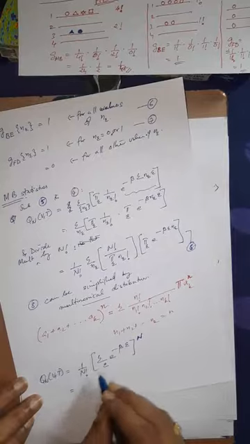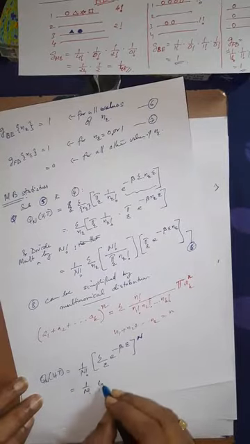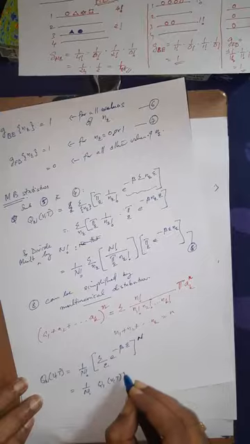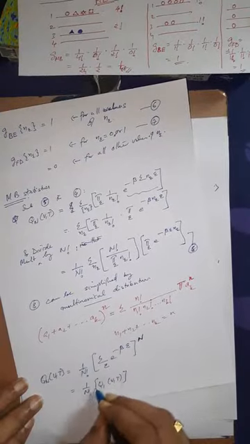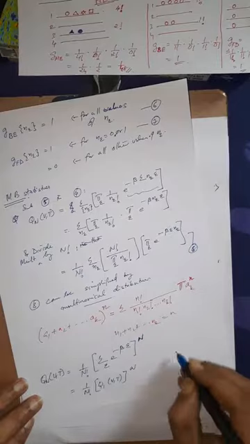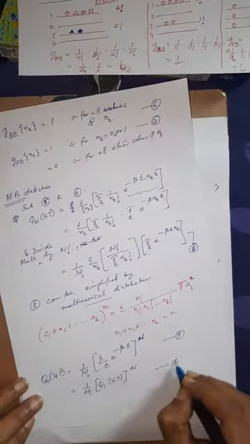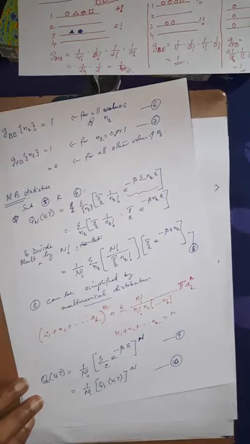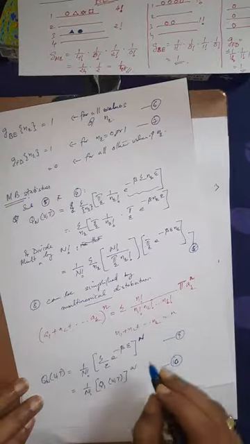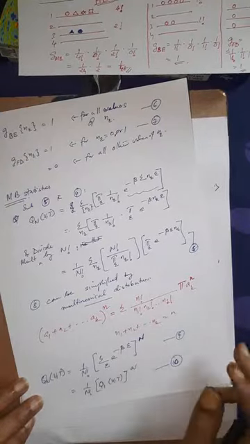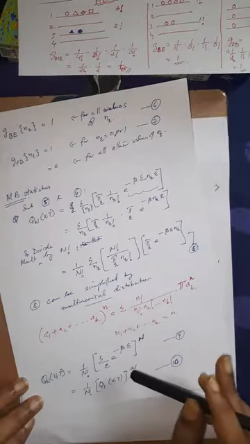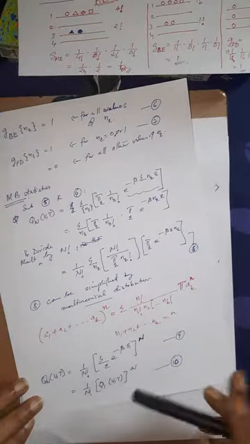Right, therefore I can write this as 1 by N factorial into Q1 V T raised to N, right? So Q1 V T is equal to what? I know that Q_N V T is equal to Q1 raised to N by N factorial.